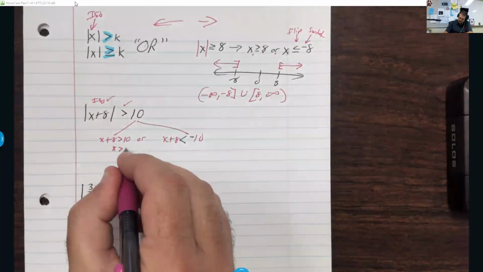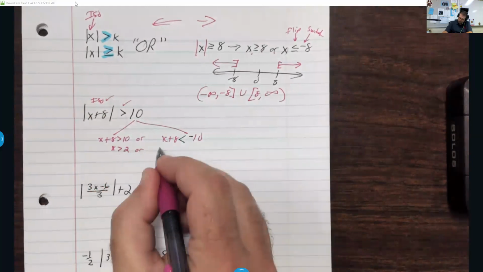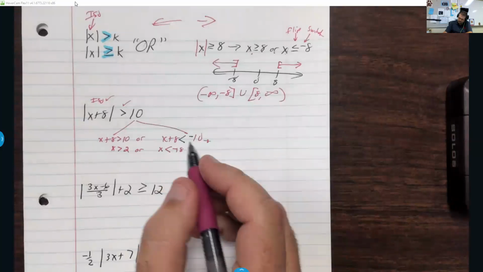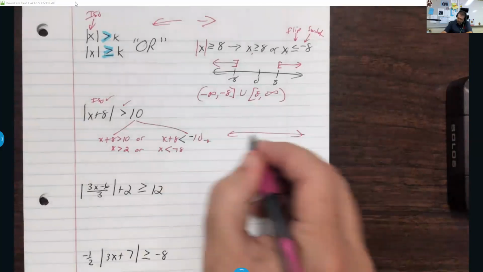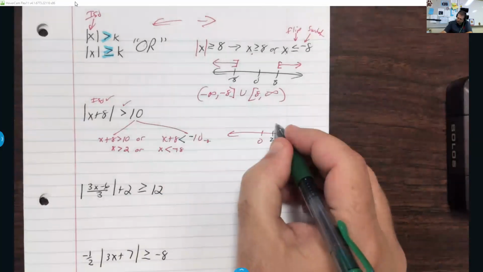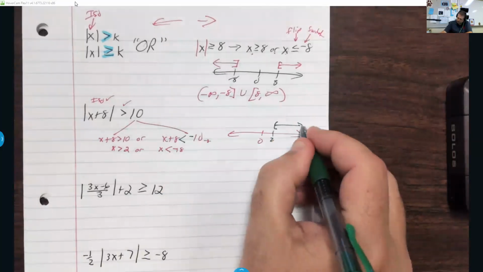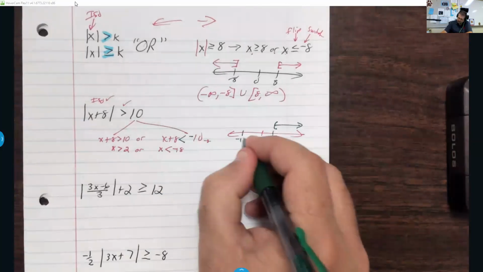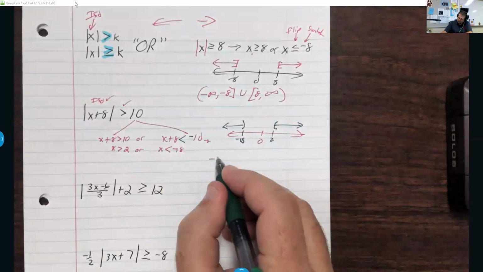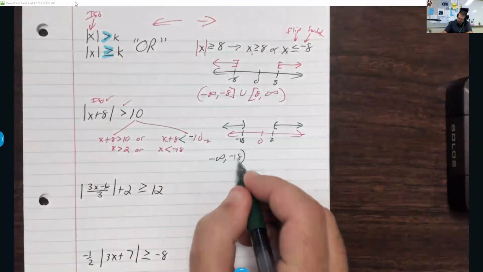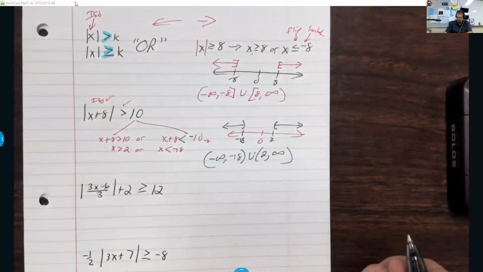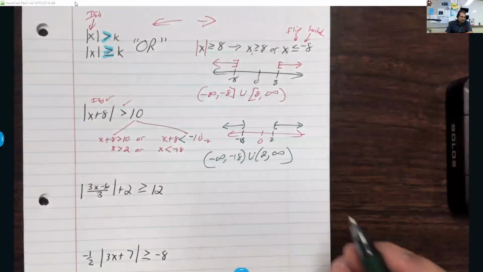X is greater than 2, or x is less than negative 18. Which, in a union, here's 2, it's going to be an open out that direction, and then negative 18, open this way. And so now I have negative infinity to negative 18, union 2 to infinity. And again, I have the two rays.